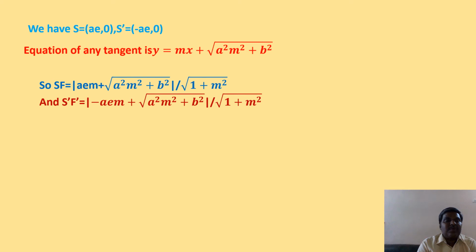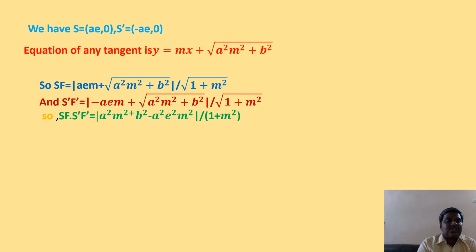Similarly, we can find the other perpendicular distance, S dash F dash, is equal to modulus of minus aem plus root of a square m square plus b square by root of 1 plus m square. This is the other perpendicular distance. What do you have to do? Product. Now find their product. SF into S dash F dash is equal to, the numerator is of the form (A plus B) into (A minus B), that is A square minus B square.